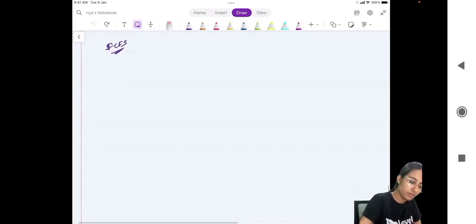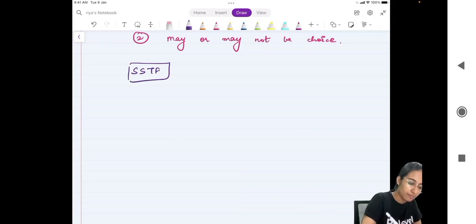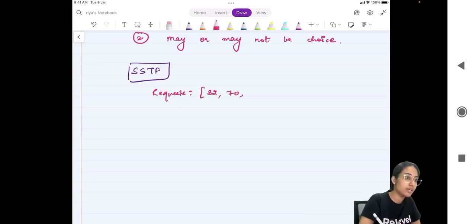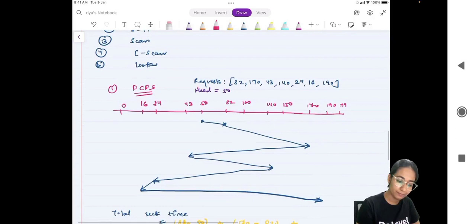So here we have shortest seek time first, where the requests are the same as the previous one, which is 82, 170, 43, 140, 24, 16, and 190. Let me confirm as well.